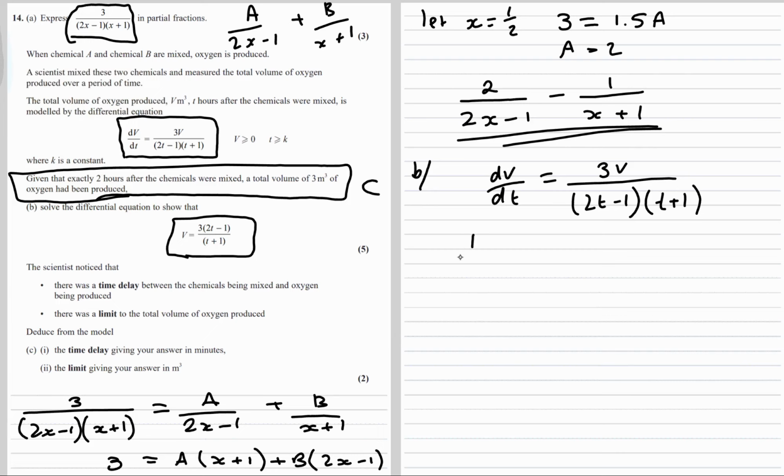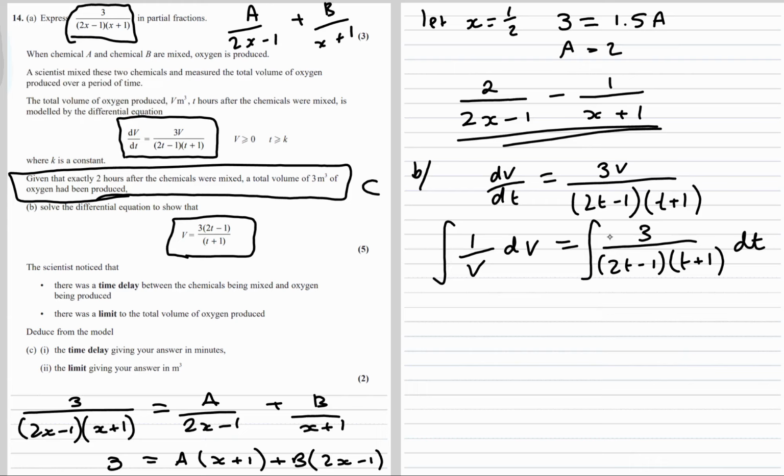So that'll be 1 over V, and that stays with the dV. The dt times is up to this side, so that'll be 3 over (2t minus 1)(t plus 1) dt. We're going to integrate both sides.